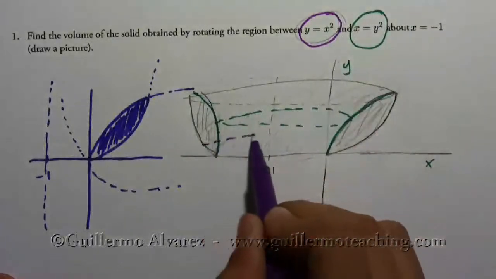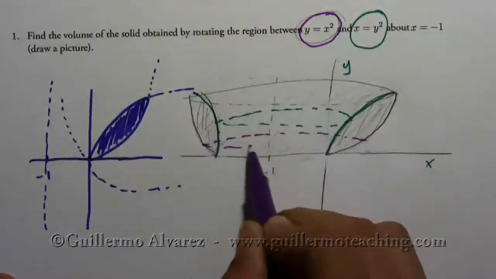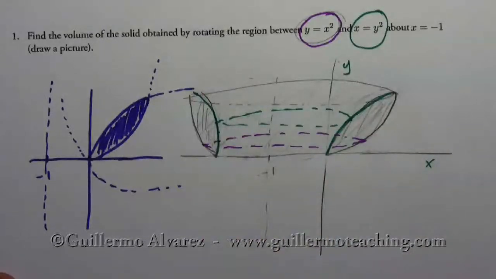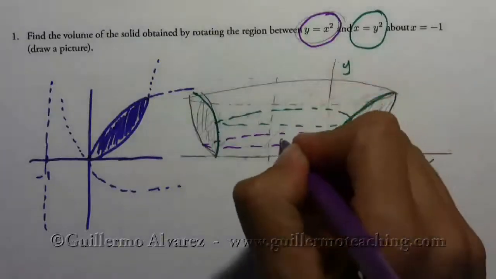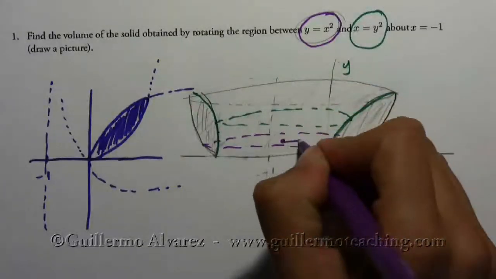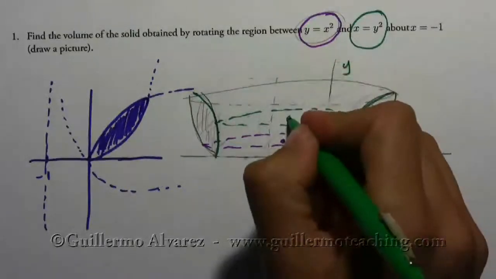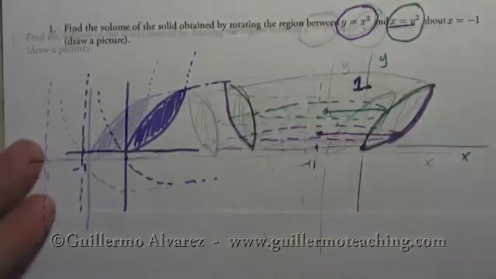So those would look like this. And again, the idea is I'm simply going to subtract the two. I know they're disks, so the areas of them are circles.